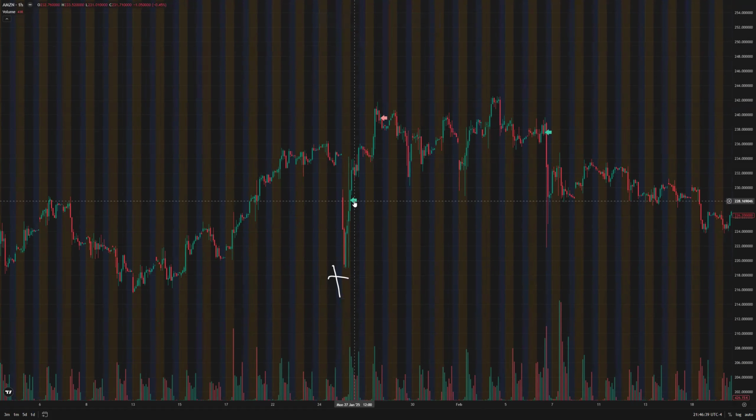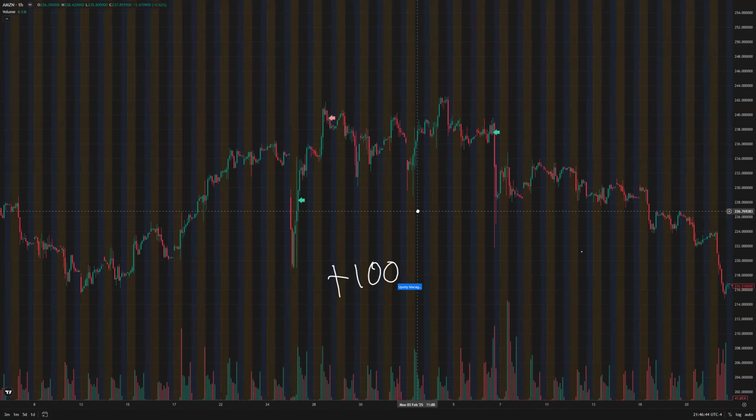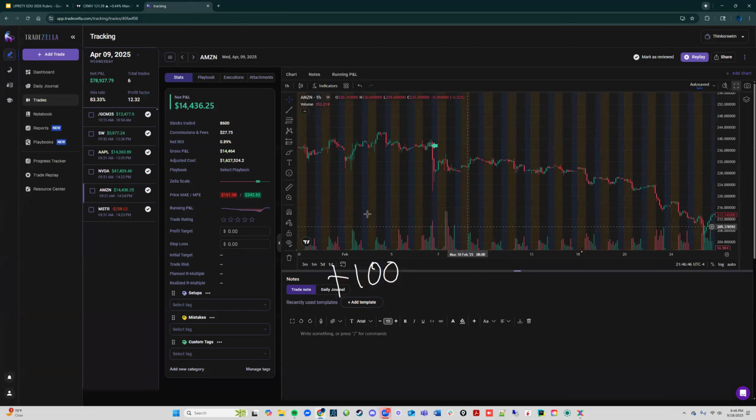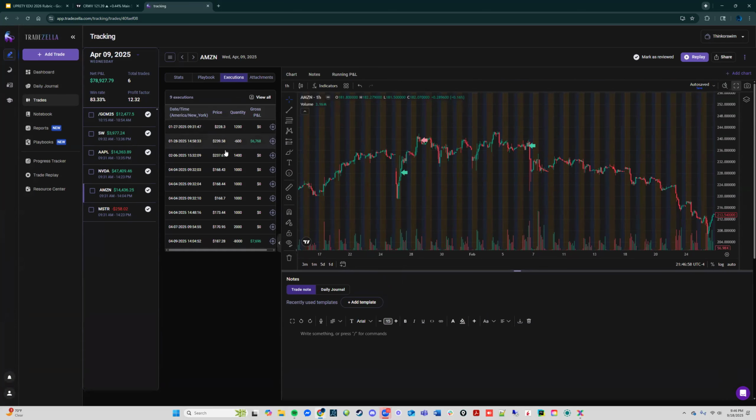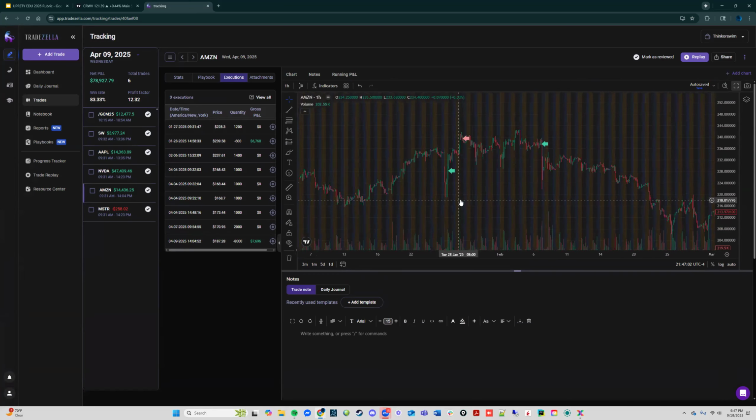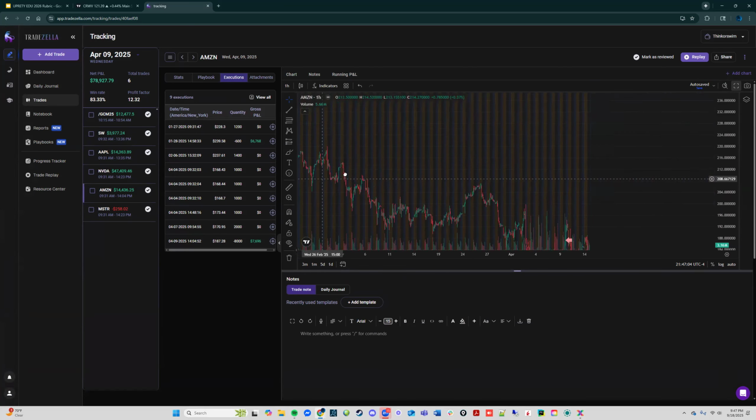Okay, let's just say we added 100 shares here. Actually, I think this is shorts, right? It doesn't say what this trade is. Yeah, we actually shorted shares, not bought shares.